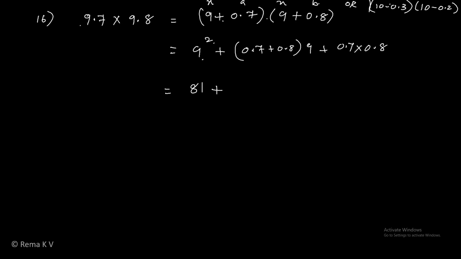Only one decimal place is here. See 0.7, 0.8. Adding these two, 8 plus 7, 15. 1 carry over. Then 1 is here. It is 1.5. Then into 9.